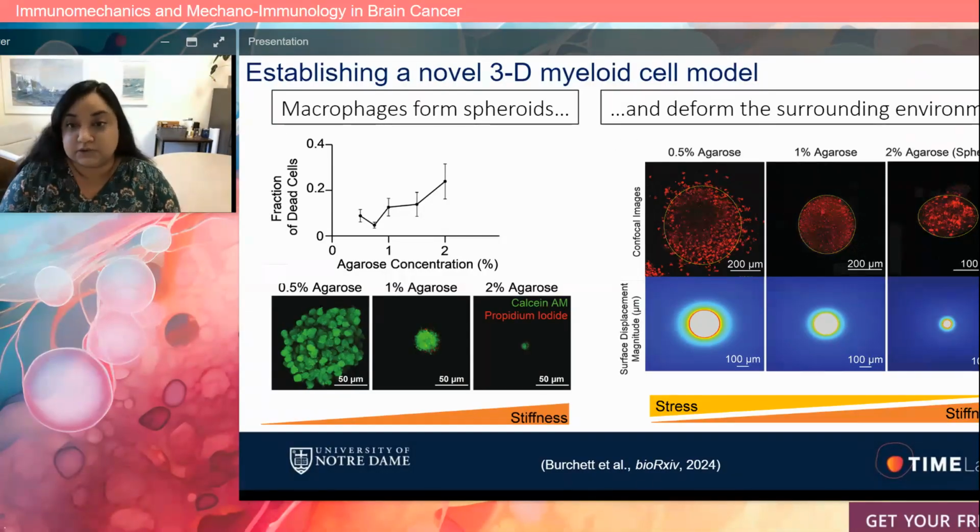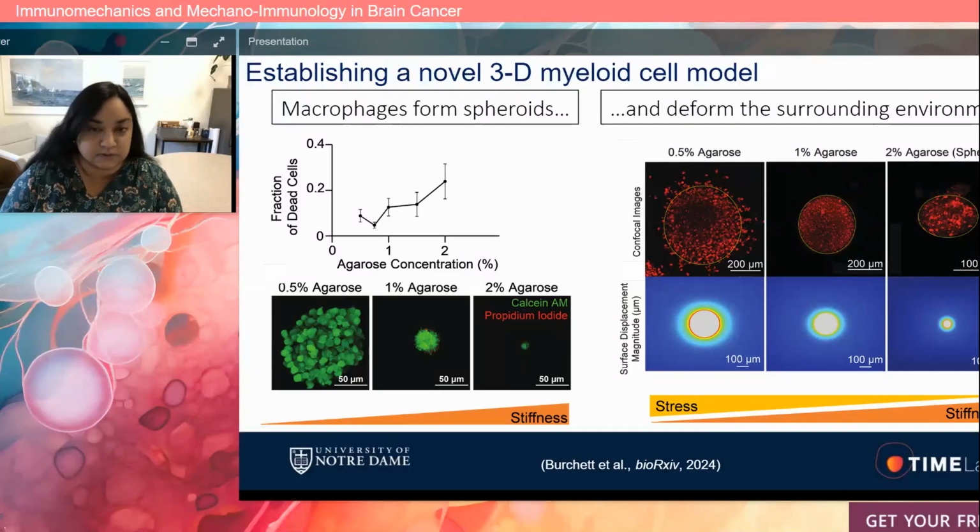So in order to produce these spheroids, the macrophages grow, they proliferate, they push on the gel around them in order to expand. And in softer gels over here on the left-hand side, they're able to expand to larger sizes and to exert higher levels of stress. So this is basically just using first principles of mechanics, including Hooke's law, to estimate these displacement values of the surrounding gel.